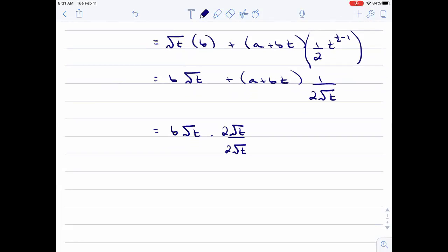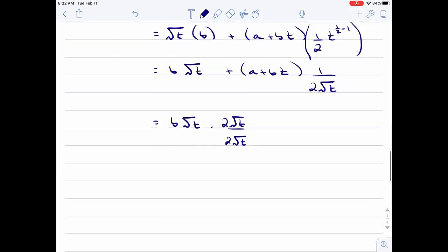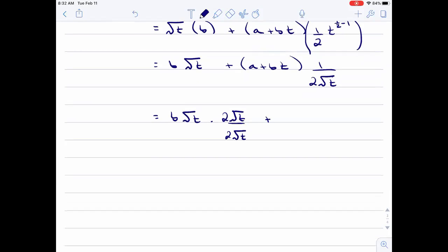Usually I cheat and I don't necessarily use the least common denominator. I just multiply both sides by what I want in the denominator. Plus a plus bt over 2 root t.